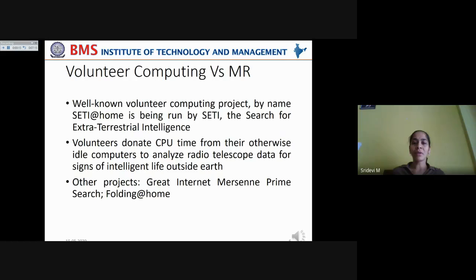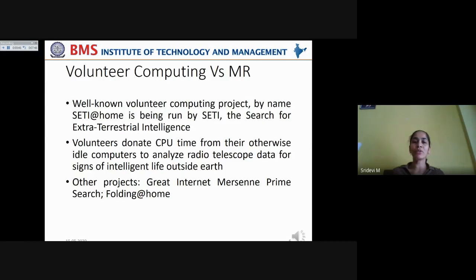For this, large volumes of radio telescope data have to be analyzed in order to arrive at conclusions, like whether there is any extraterrestrial life in the universe other than on Earth. Volunteers donate CPU time from their otherwise idle computers to analyze radio telescope data for signs of intelligent life outside the Earth. Even you can donate.